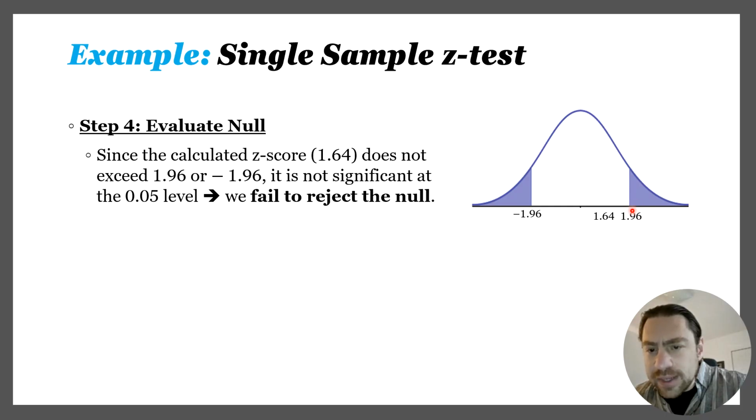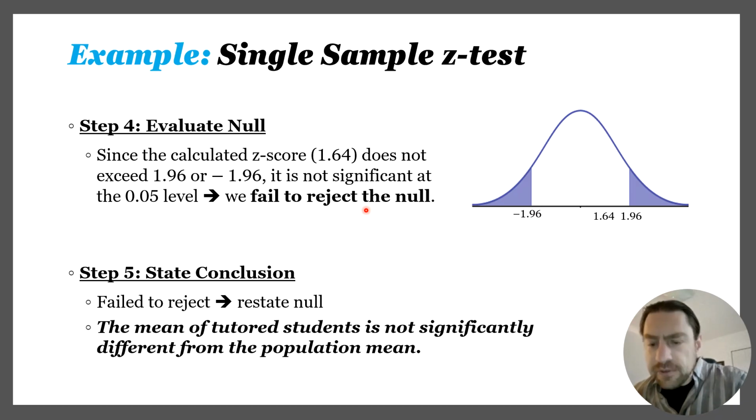We don't exceed either critical value in either direction. Because of that, we fail to reject the null hypothesis. In step 5, having failed to reject the null, we can restate the null, which is that the mean of tutored students is not significantly different from the population mean.